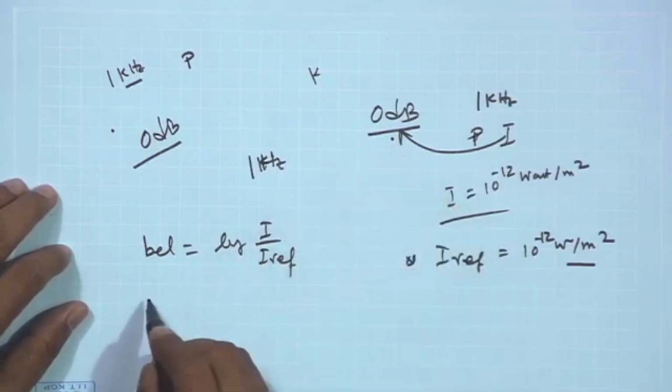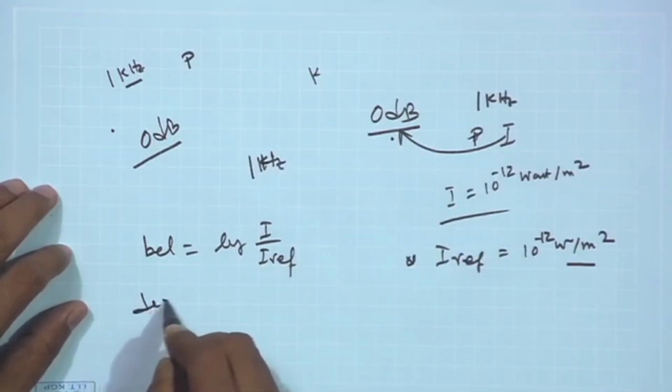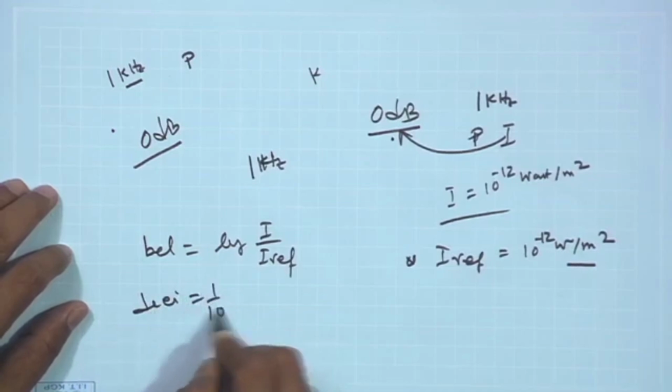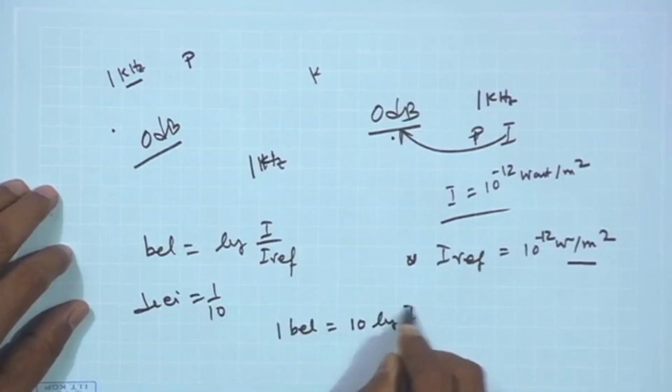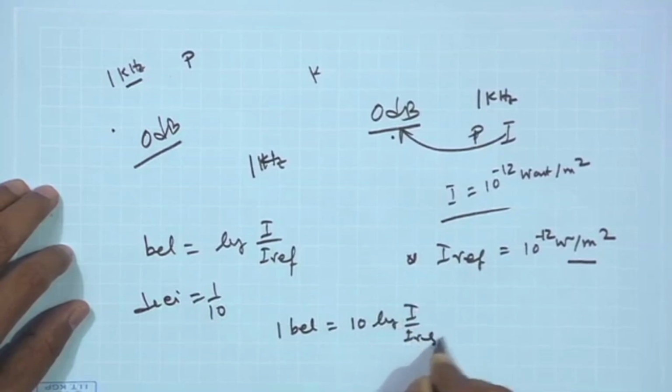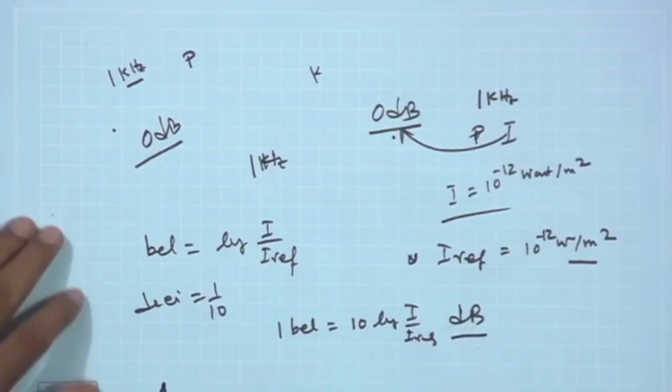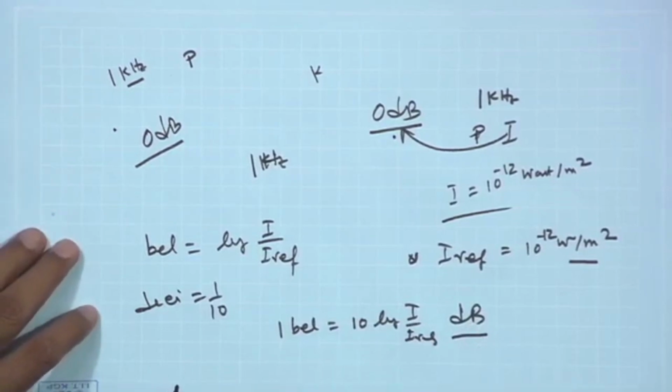Decibel. So, deci means 1 by 10. So, decibel means 1 bel is equal to 10 log I by I reference, dB.